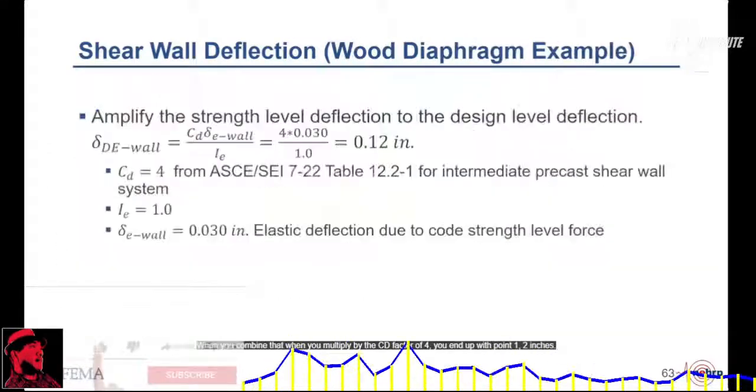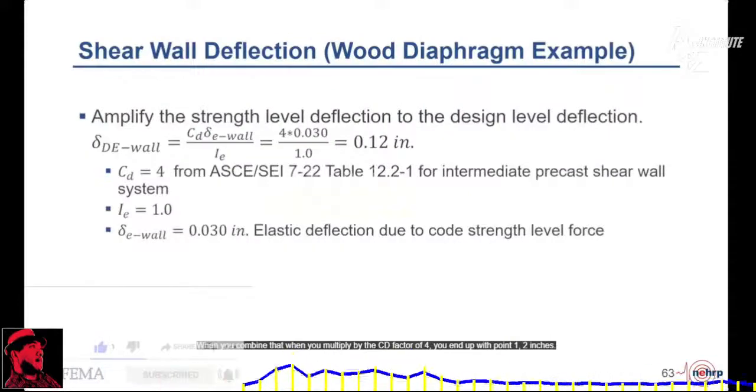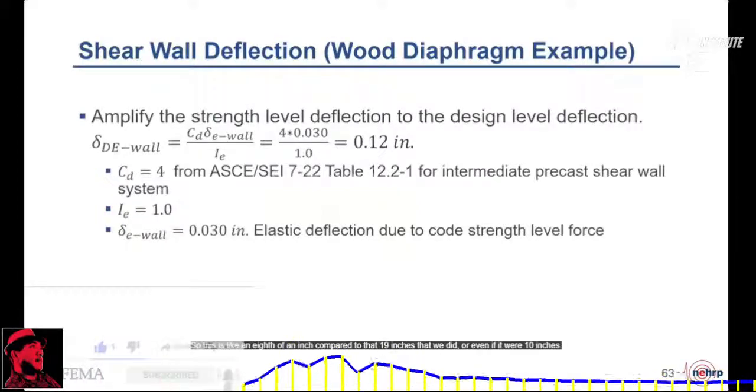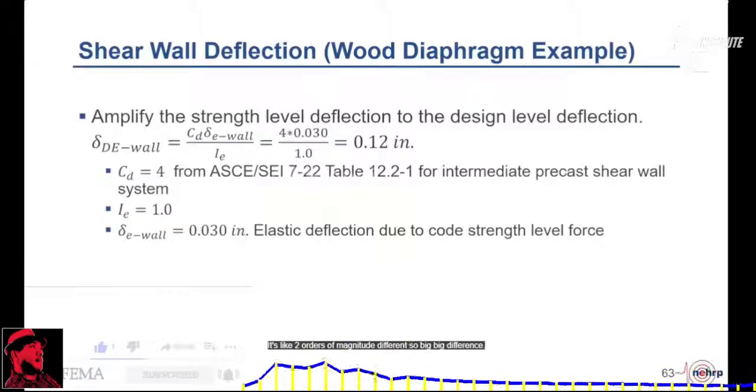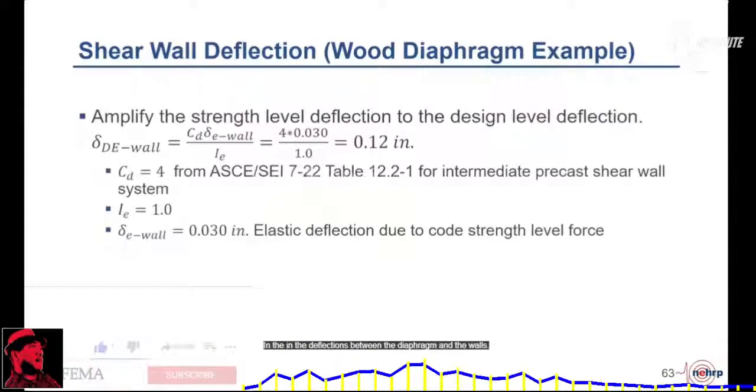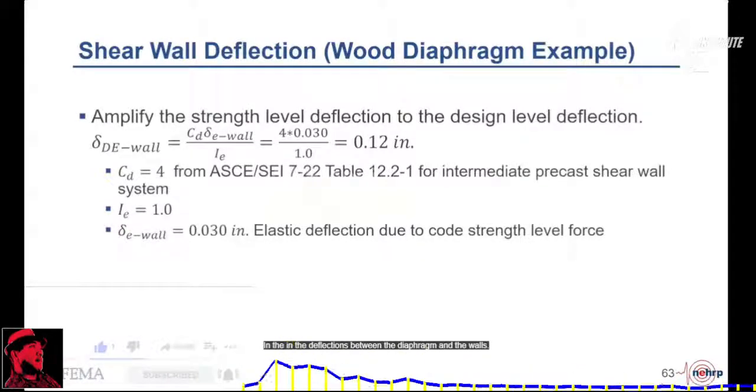When you multiply by the CD factor of 4, you end up with 0.12 inches. So this is like 1/8 of an inch compared to that 19 inches that we did, or even if it were 10 inches, it's like 2 orders of magnitude different. So big, big difference in the deflections between the diaphragm and the walls.